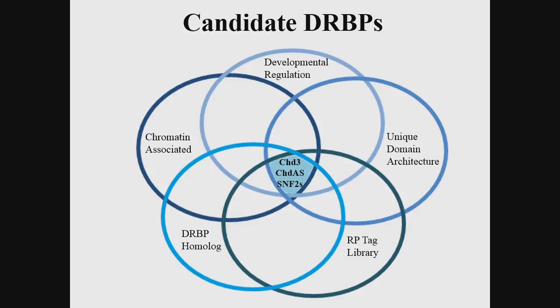They have a unique domain architecture, and some of the domains, such as chromodomains in other model organisms such as Drosophila, have been noted to be RNA interacting modules. And as I mentioned, there are two main high throughput screens that have identified CHD proteins as mRNA binding proteins specifically.